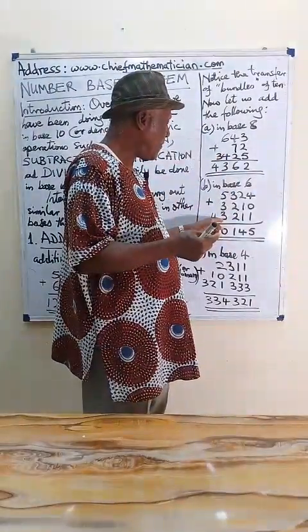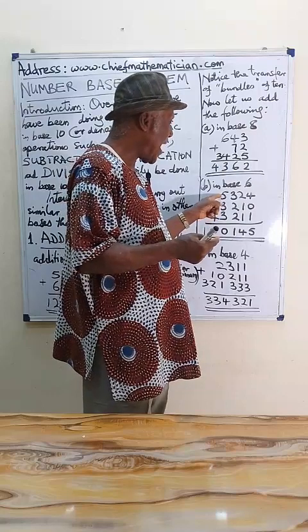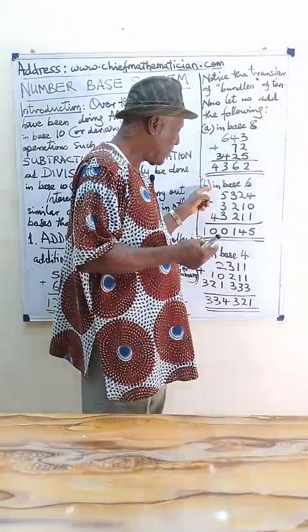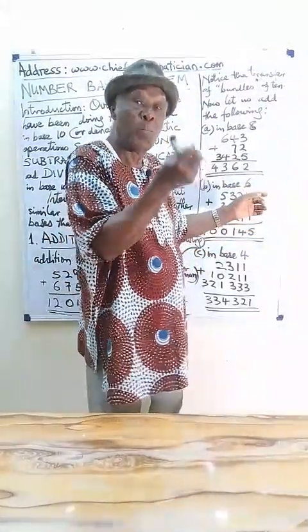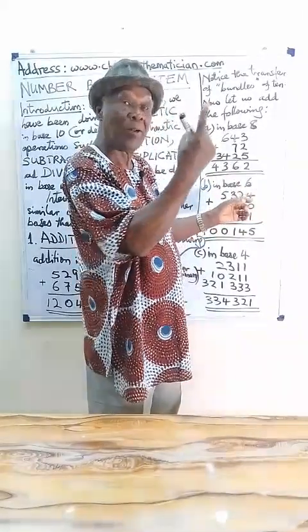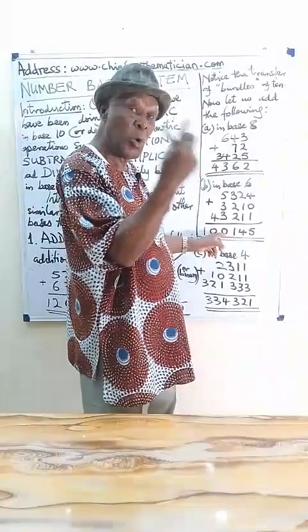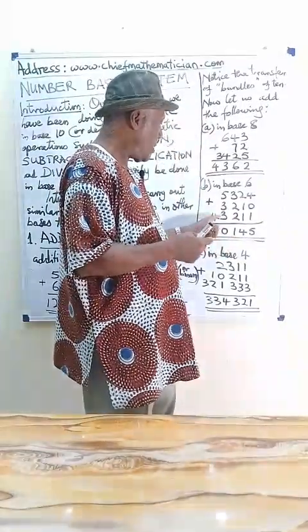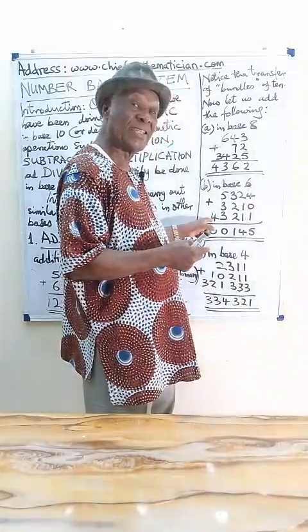1 plus 3, 4, plus 3, 7, plus 5, 12. Now, this 12 gives you two bundles of 6, remainder 0. So you put down 0 and carry 2 bundles of 6. That 2 now is added to 4 and you get 6.